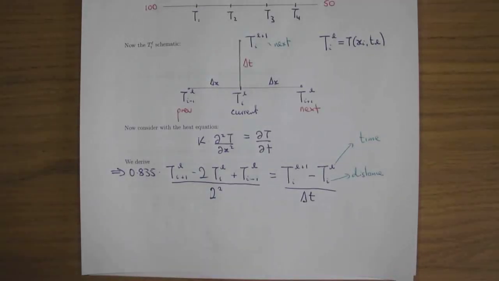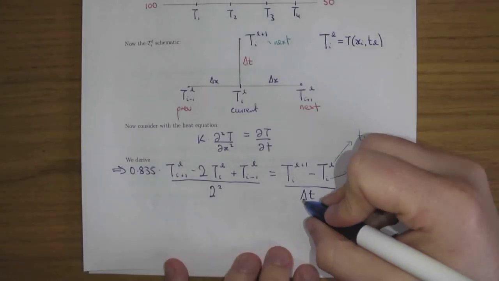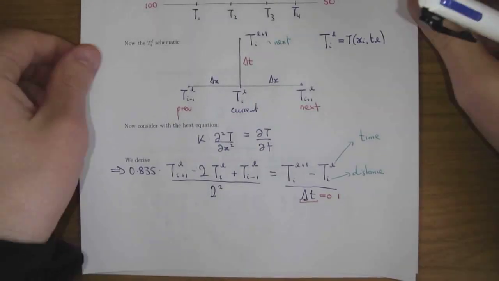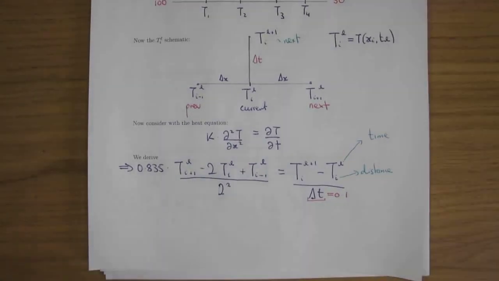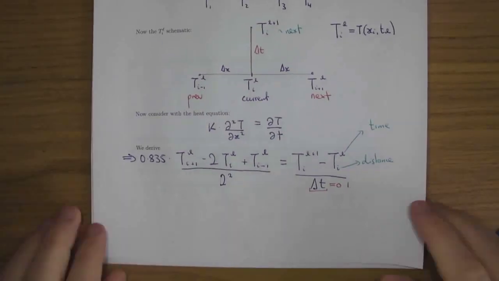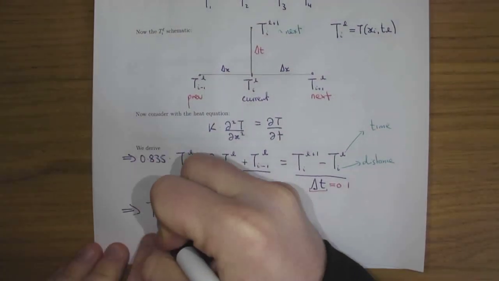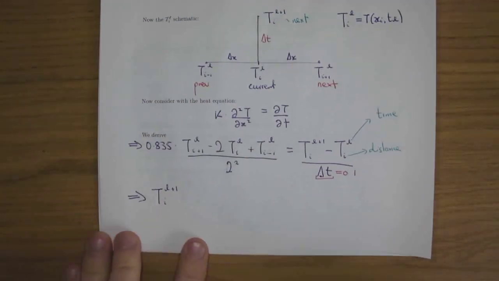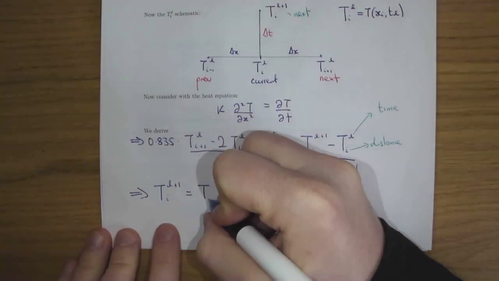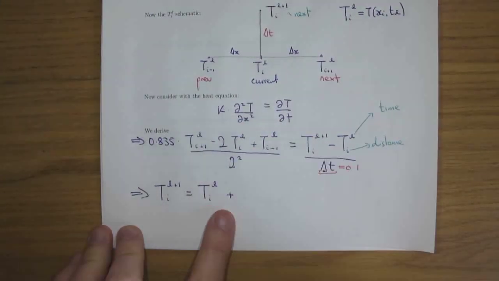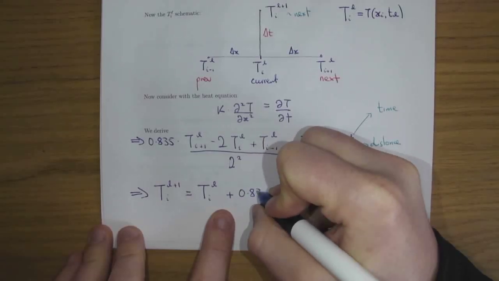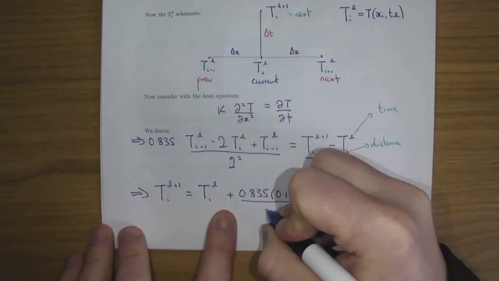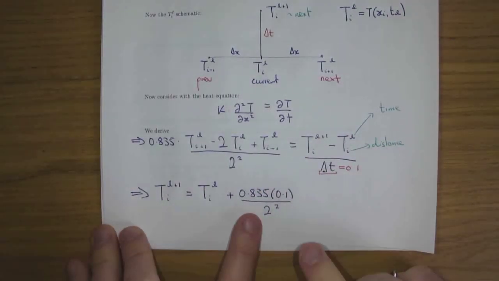And of course delta t we're saying is equal to 0.1. Then you can solve this. Now this is something that, if you get to here, you really don't want to mess up the next thing, but if you carefully solve this, as per the last video, you find that the next temperature in terms of time at a point is equal to the previous temperature in terms of time at that point plus K delta t over delta x squared, and it's important that this is less than a quarter, and it is.